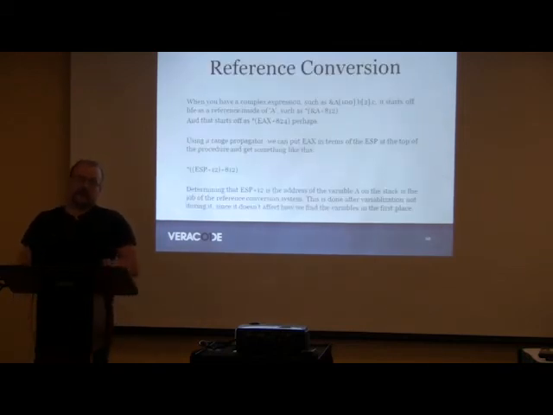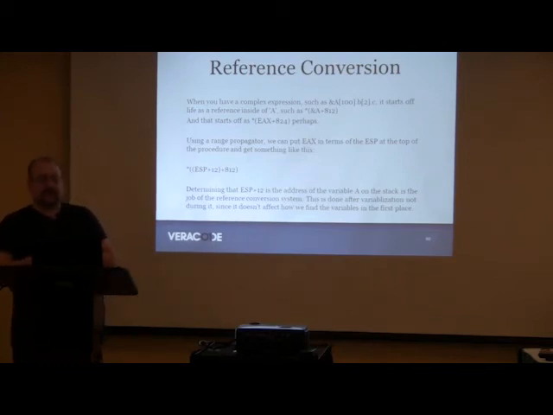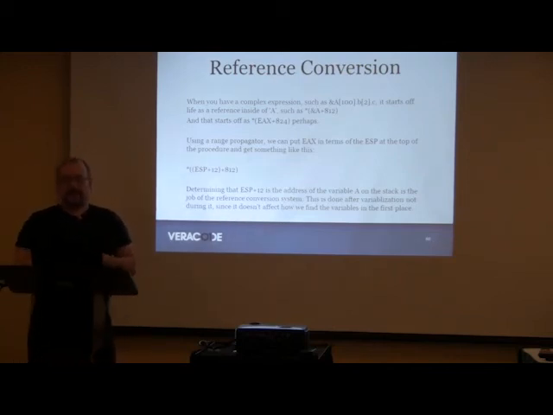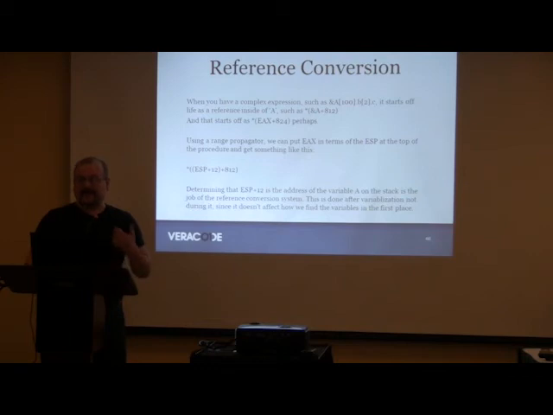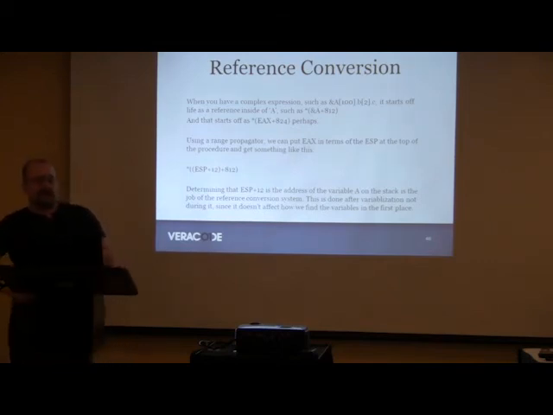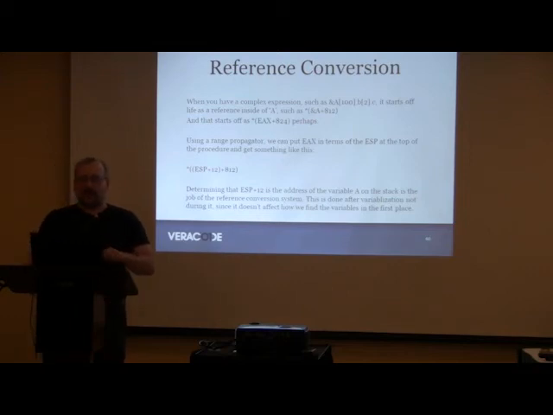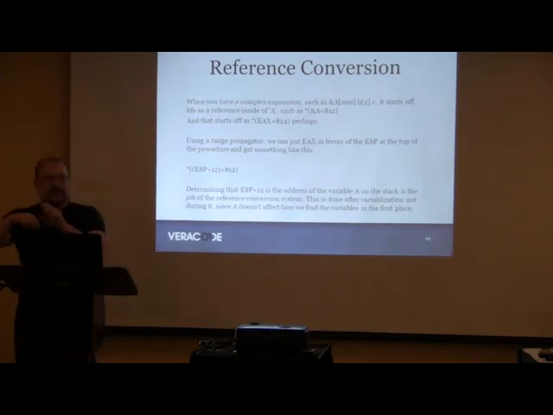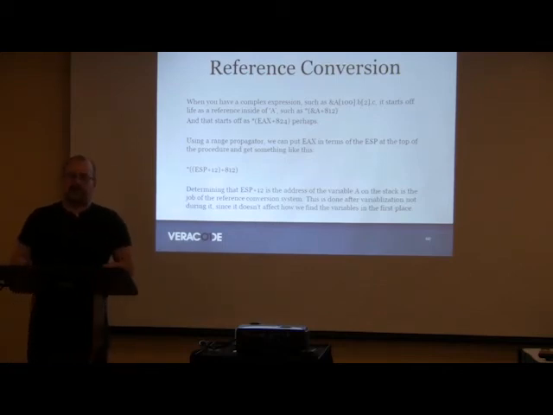Reference conversion is the process by which you have a complex expression, like the address of a, array index 100 .b, array index 2 .c. It starts off life as a reference inside of A, such as dereference of address of A plus 812. You're walking the type information hierarchy for the type of A in order to figure out what that plus 812 really meant. That high-level representation comes from knowing the type information.